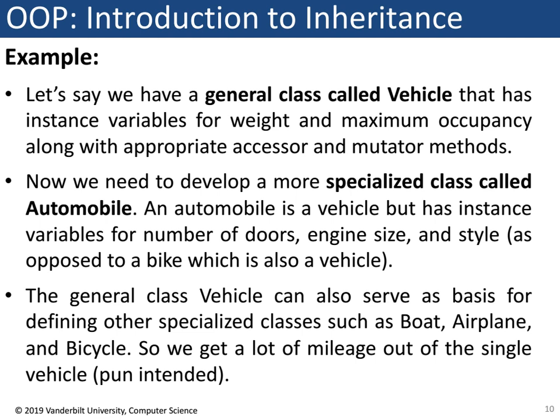So we can understand that an automobile is a vehicle with more information and behavior. So then we can inherit all the behavior and information from the vehicle class and extend it to be an automobile by adding what is missing.